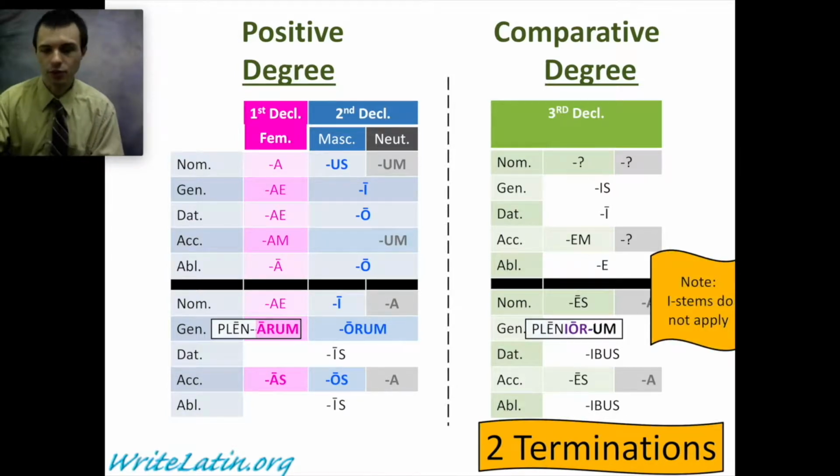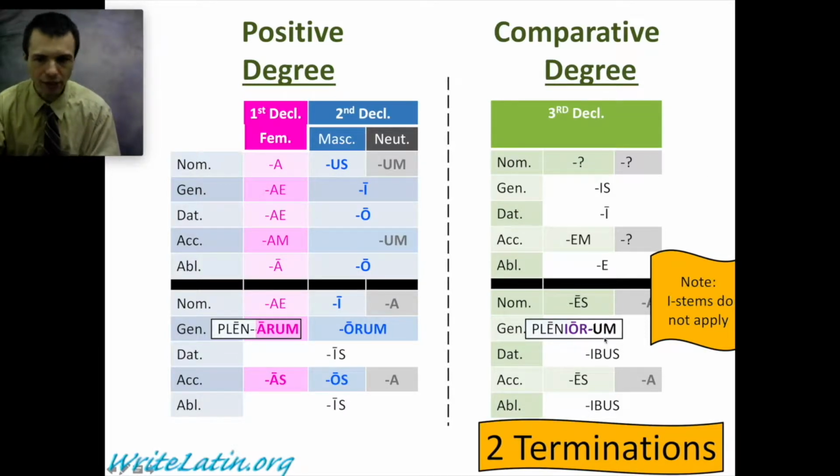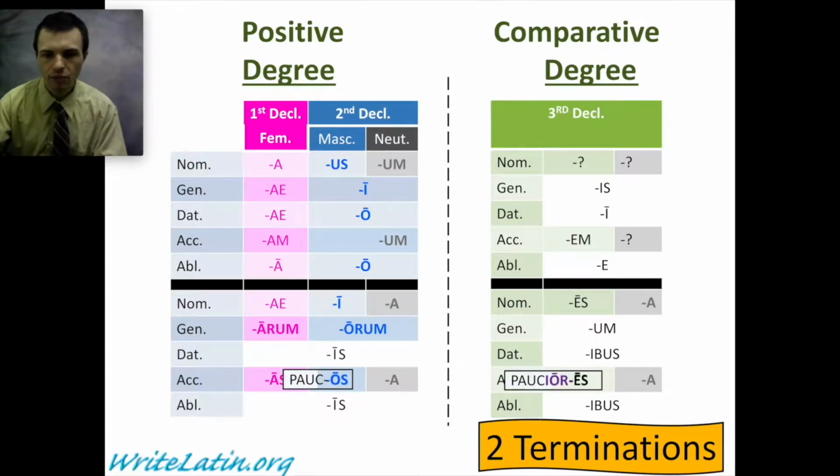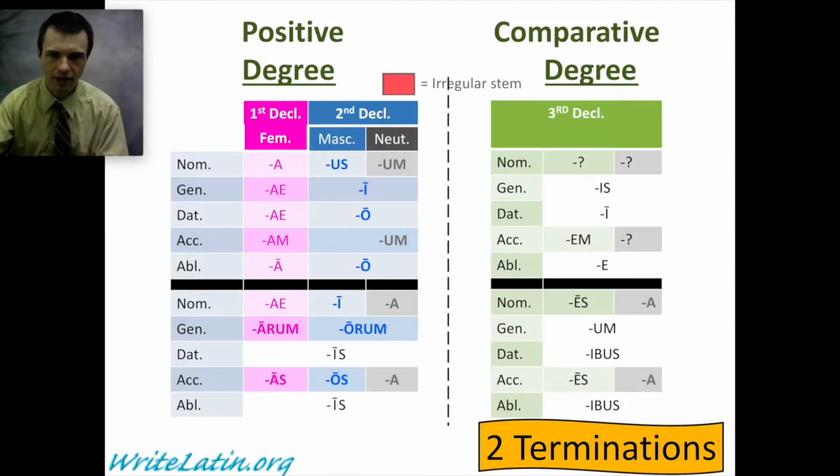And notice i-stems don't apply, because you might have thought it would be planiorium, right? Doubly troubly third declension adjective? No, it's not like that. It's just not -ium. Okay, paucos, few ones. Pauciores, fewer ones. Pauciores, okay.